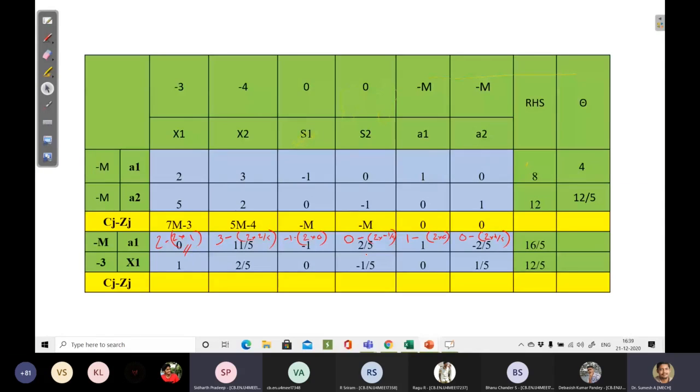The first 2 is the old element in the old column, everywhere. The second 2 is from the column we have considered as the key column, the first column.